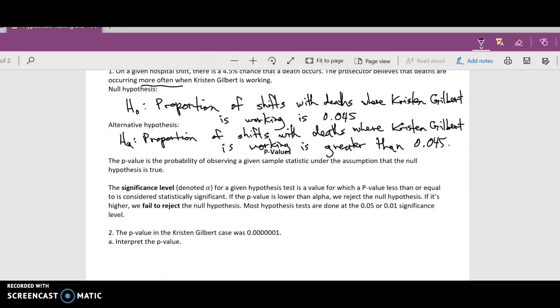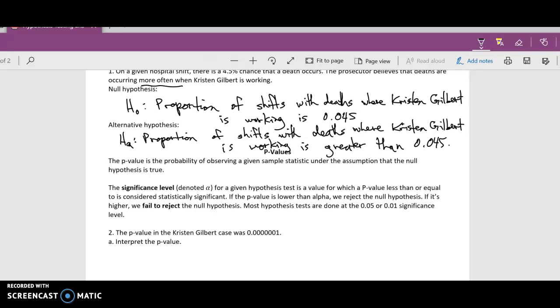The significance level, denoted alpha, that's like a script A, the Greek letter alpha, for a given hypothesis test is a value for which a p-value less than or equal to it is considered statistically significant. So we're going to have different significance levels, just like we had different confidence levels when we talked about confidence intervals.